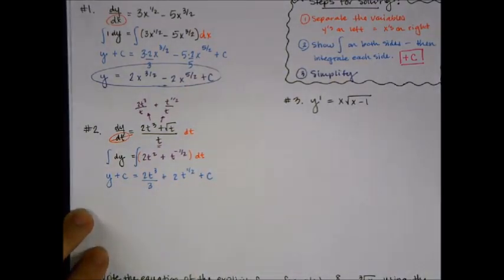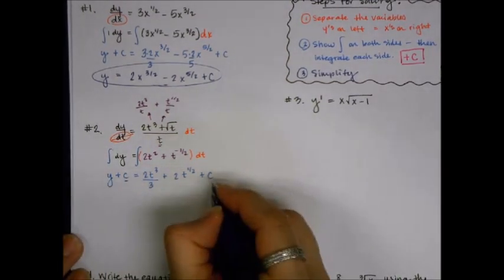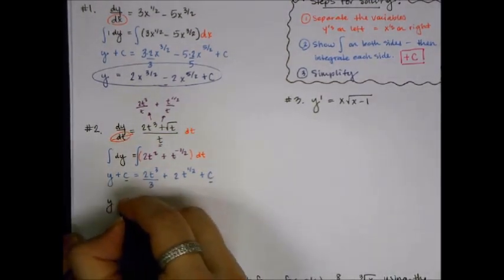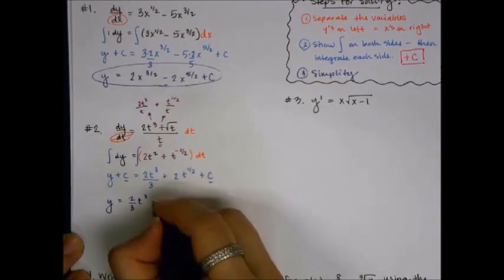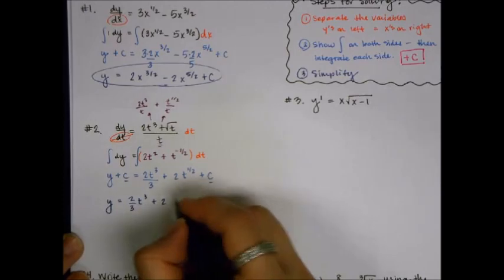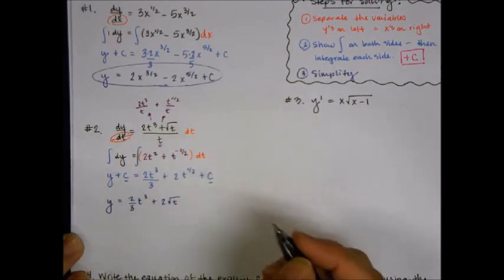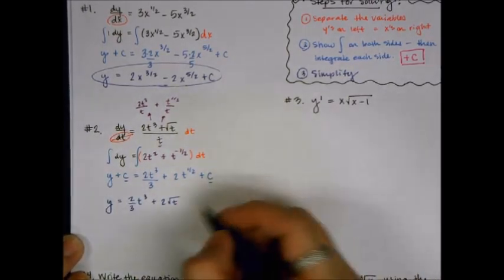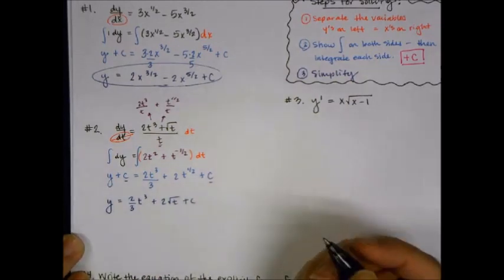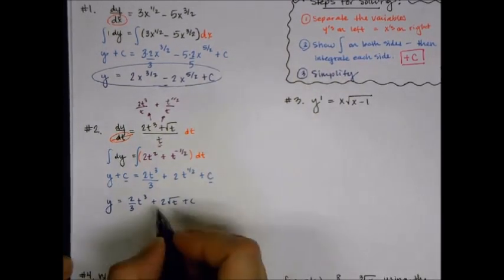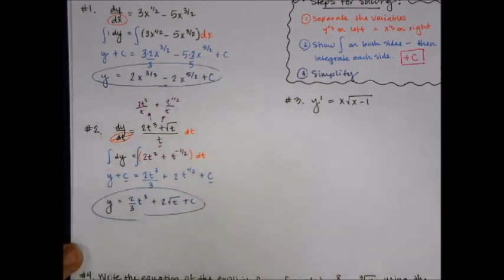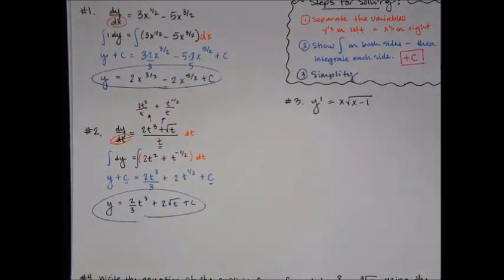So the last step is to just simplify and combine our constants. So I'm going to subtract this constant from this one. We get y is equal to 2/3 t cubed plus 2, I can write this as square root t, t to the 1/2, or square root t, plus c. Now you can leave that as the fractional exponent or rewrite it as the square root. Just remember to combine your constants into 1.